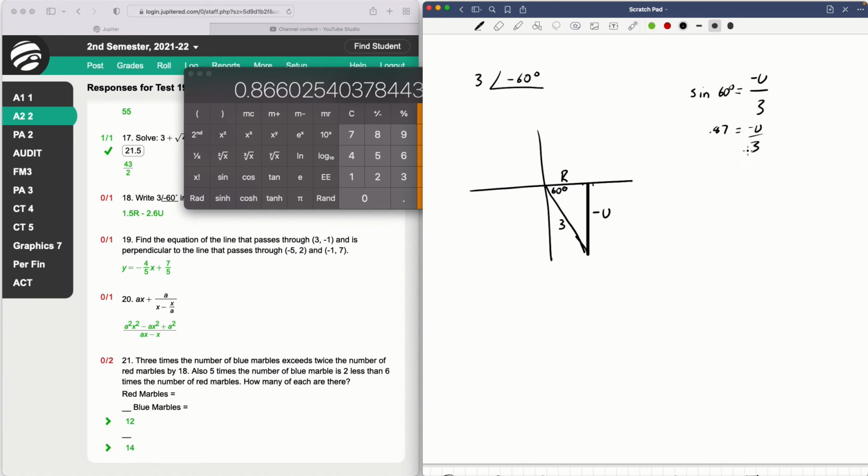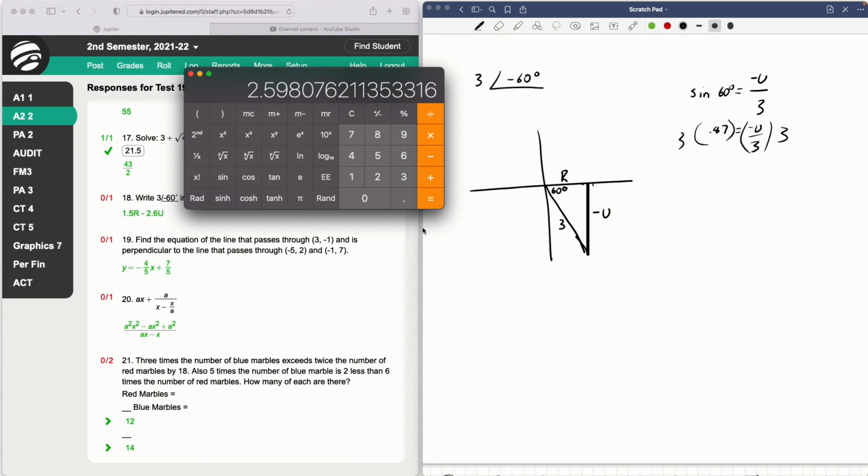So I take this times 3: 2.598. I'm just going to round it to 2.6. So it's negative 2.6 u, because it's below.